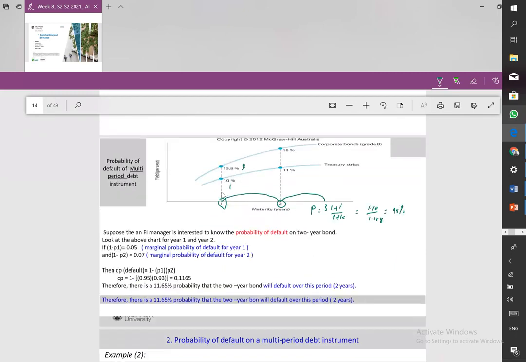Now, the point is, it's okay. If I know, for example, the probability of defaulting in year 1, I can calculate the probability of year 2, and also I can do it for year 3 and continue.